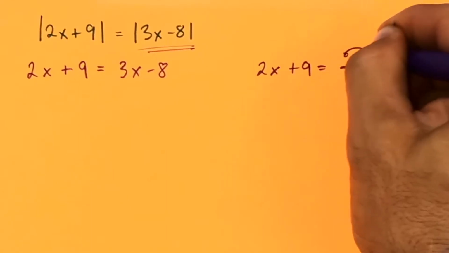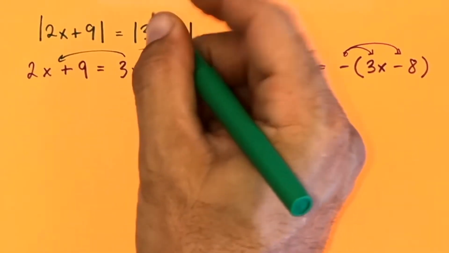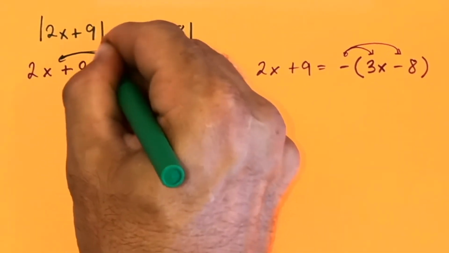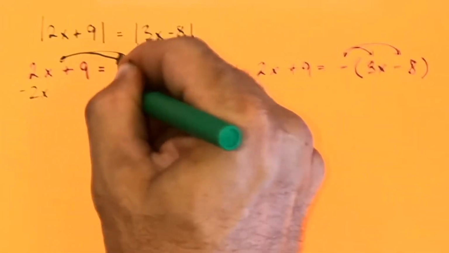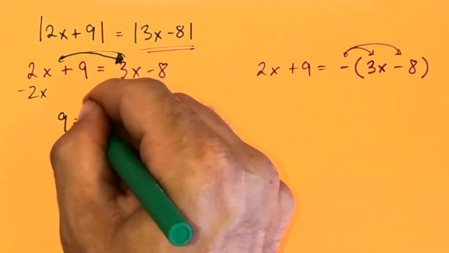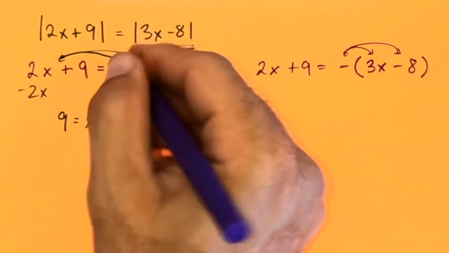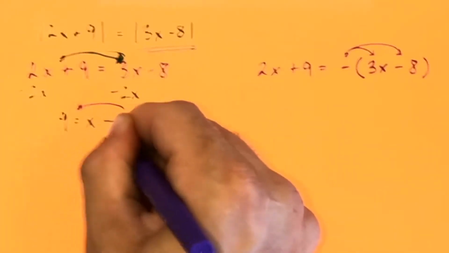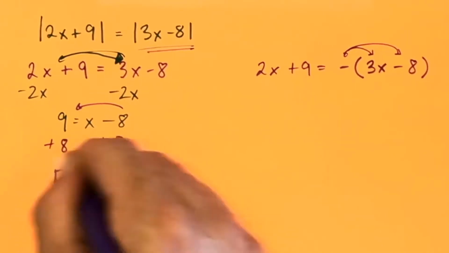You're going to want to distribute the negative to both terms. On this side, you're going to move letters to one side. Actually, let's move the letters over to the 3 because we want to keep the x positive. 9 is equal to x minus 8. And then if we move our letters to the right, we move our numbers to the left, and we get x is equal to 17.